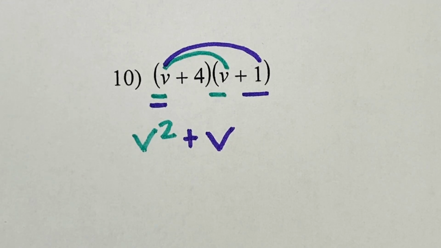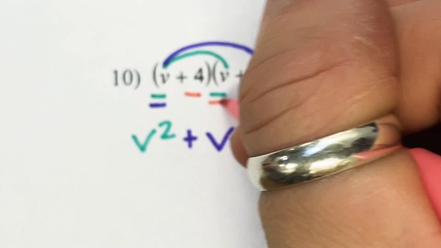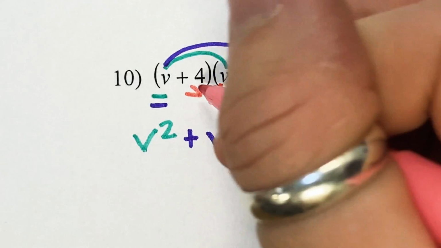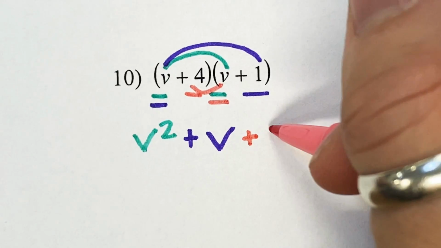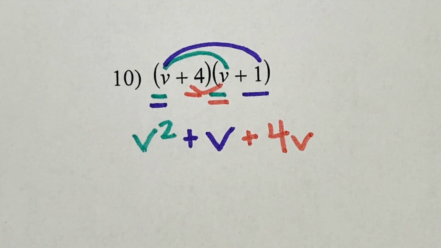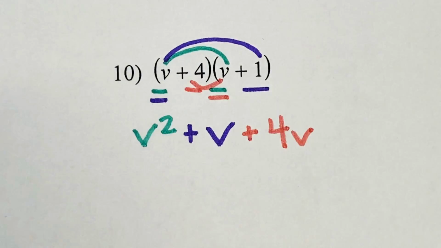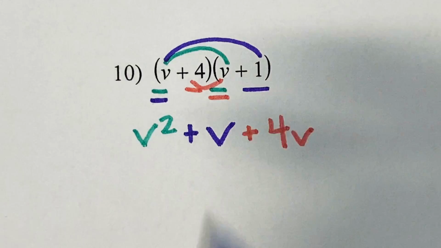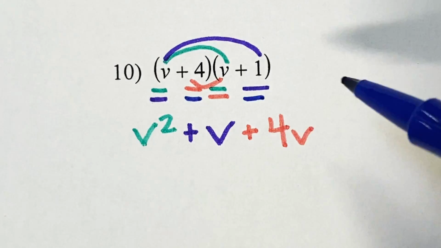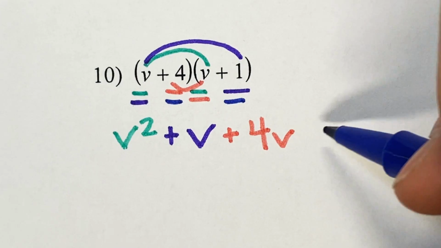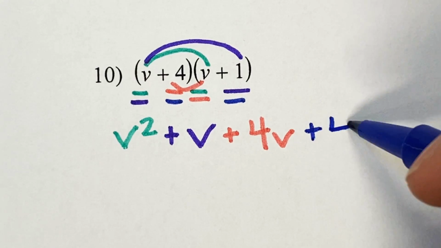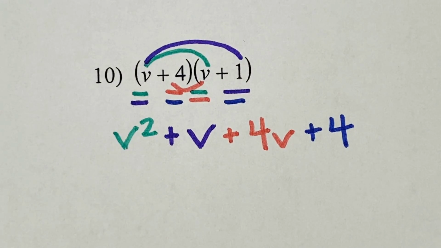Okay, our I in FOIL, inside, 4 times v. Okay, 4 times 1v is just 4v. And then our L, last, 4 times 1. What is 4 times 1? Just going to give me positive 4.